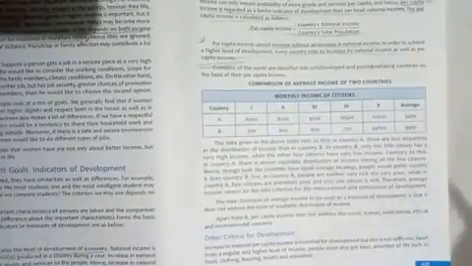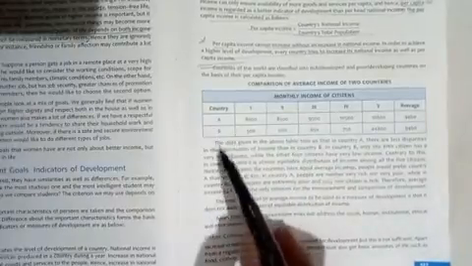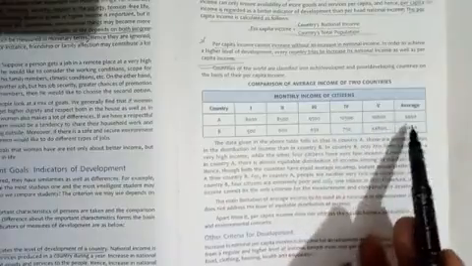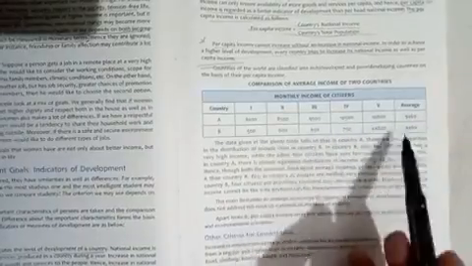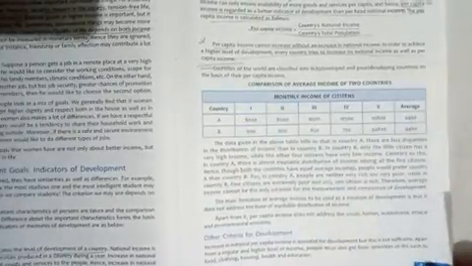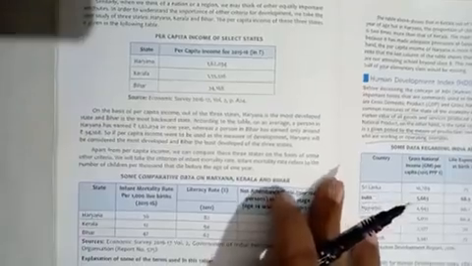See here, a comparison of average income of two countries, country A and B, and the monthly income of citizens is given there: first group, second, third, fourth and fifth, and the average is also there. Just study it and compare it, what does this figure say, with the help of what I have taught you. If you have any query regarding this, note it in a notebook somewhere, and I will answer your queries.